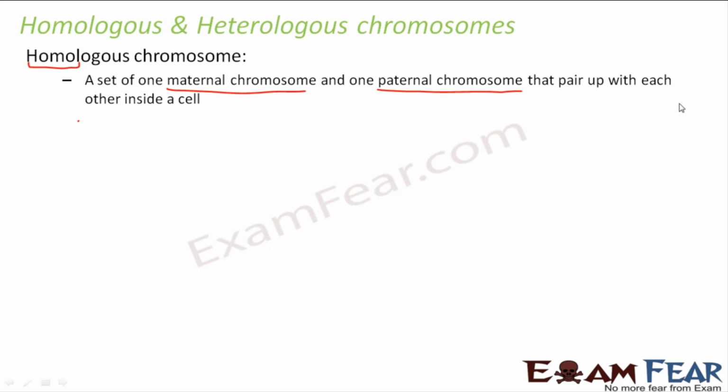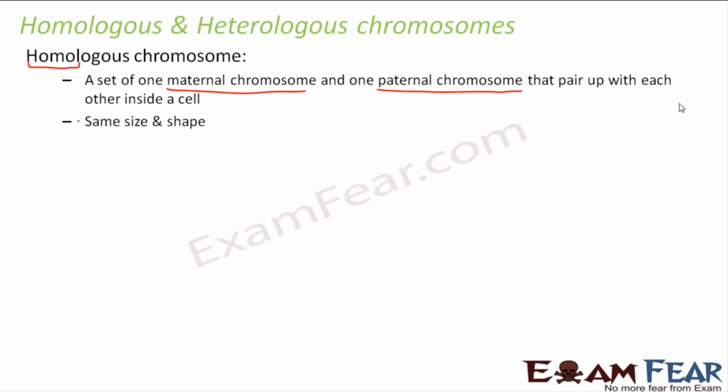So inside the diploid cell, chromosomes will always exist in pairs. The pair of chromosomes where one is from the father, the other is from the mother, and they are similar to each other, are known as homologous chromosomes.